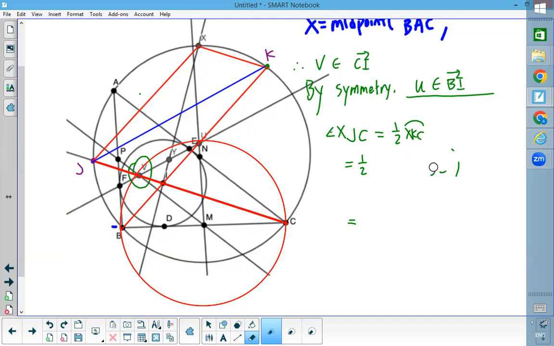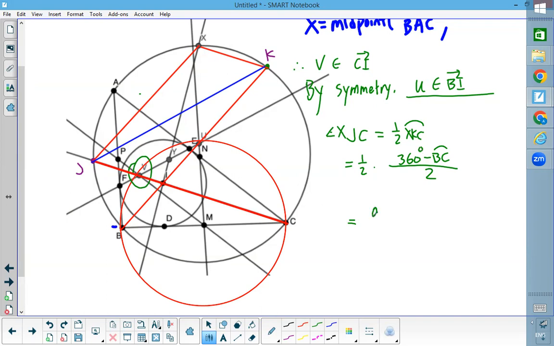This should be 360 minus the arc BC, and divide by 2, because XKC is only half of the major arc. In the problem's construction, X is the midpoint of the major arc, so XKC is only half of it. So it's (360 minus BC) over 2.